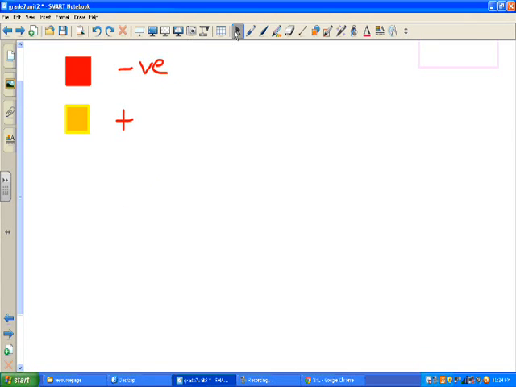So in the very simplest way, if I were to say this would be plus 1. If I were to do 2 of these, it would be plus 2. And the opposite is true as well.